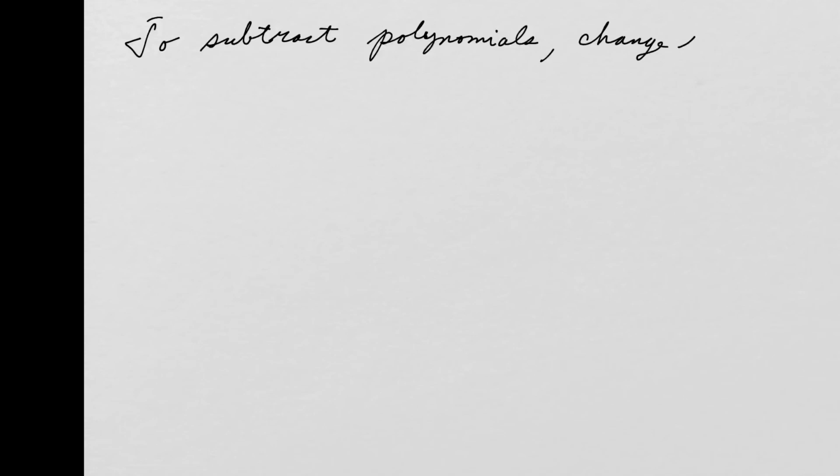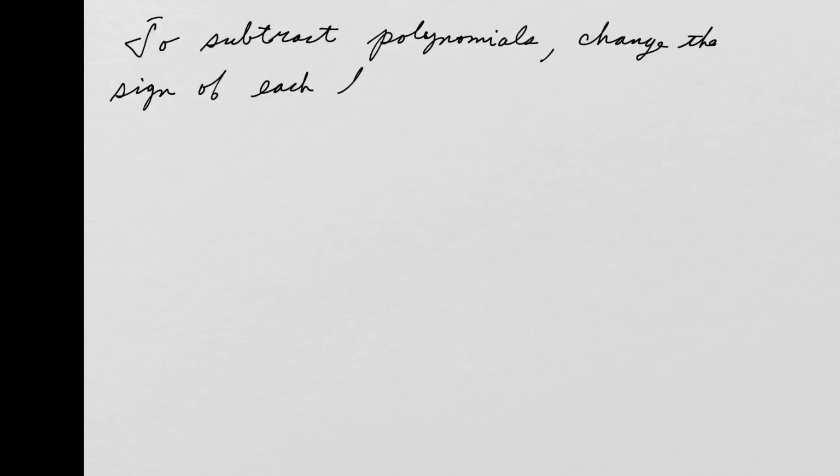So to subtract polynomials, you change the sign of each term of the polynomial being subtracted.